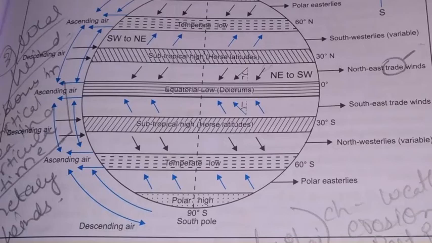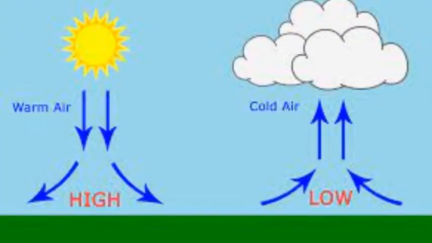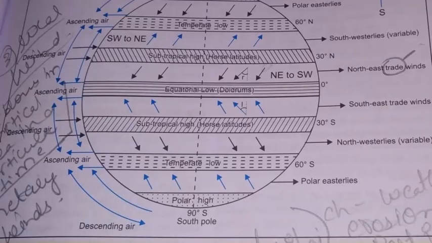So the winds that flow from it into the temperate low pressure belt are called southern westerlies, though they are found in the northern hemisphere. While in the southern hemisphere, the westerlies that flow from the subtropical high pressure belt into the temperate low pressure belt are regarded as northern westerlies, because they flow downward from the north to the south.